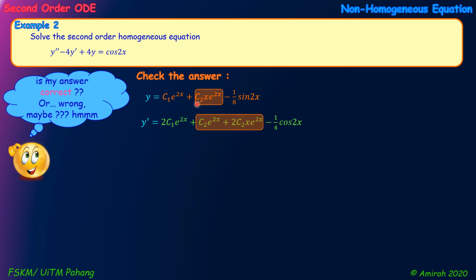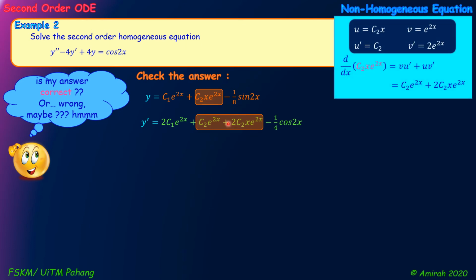For C2 x e to the power of 2x, we differentiate using the product rule. When we use the product rule, we let u equal C2 x and v equal e to the power of 2x. When should we use the product rule? When we have a multiplication between variables. The product rule is v u prime plus u v prime.